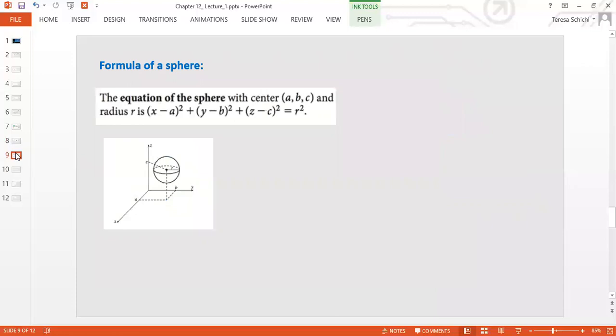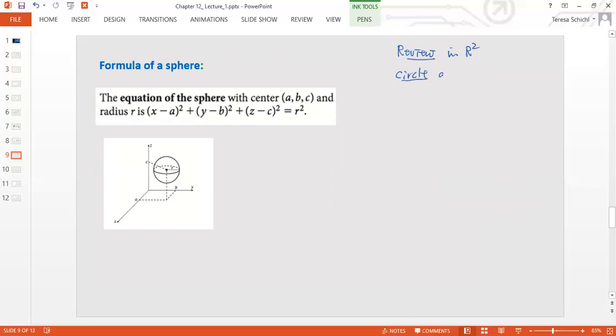The next one is also a review. We extended what we learned before. So let's review what we learned in R2. In R2, do you remember the formula for a circle?